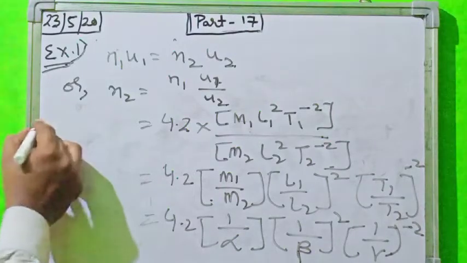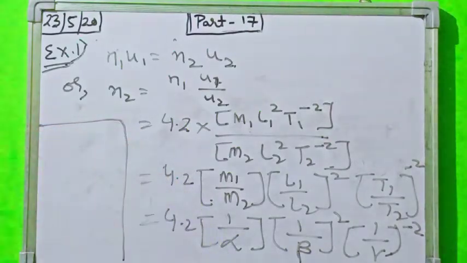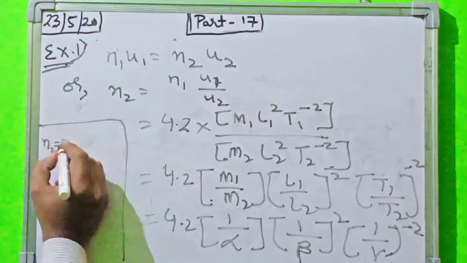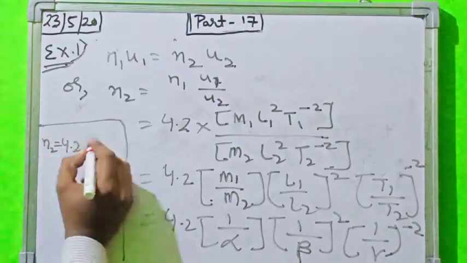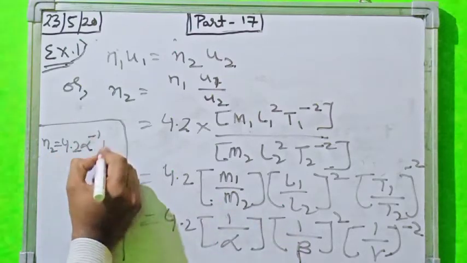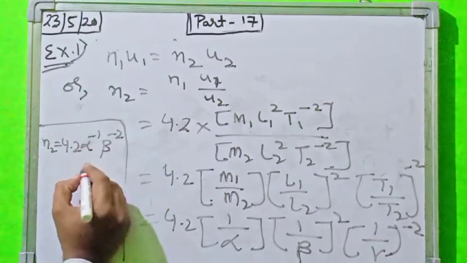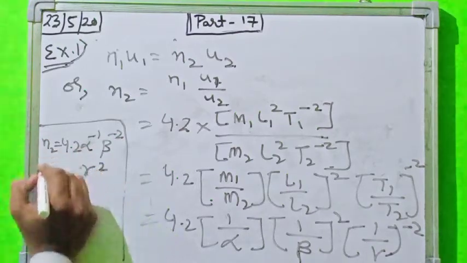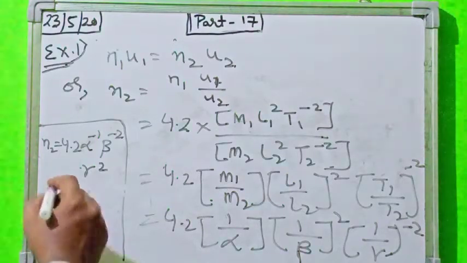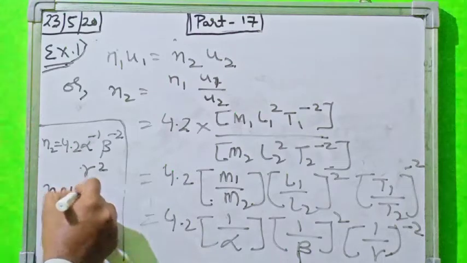And from here we can write N2 is equal to 4.2 alpha inverse, beta minus 2, gamma square, and this is the new unit.